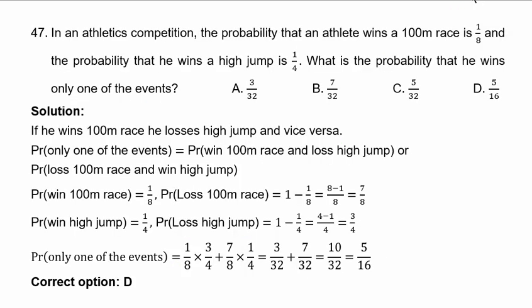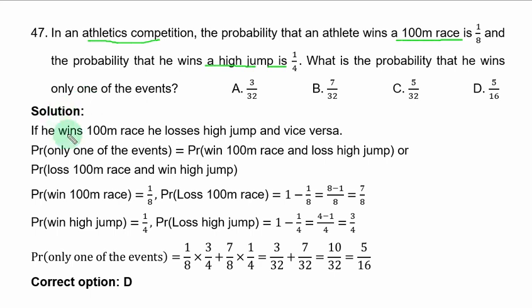Question 47. In an athletics competition, the probability that an athlete wins 100-meter race is 1/8, and the probability that he wins a high jump is 1/4. What is the probability that he wins only one of the events?